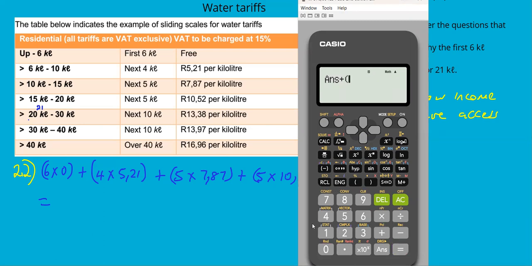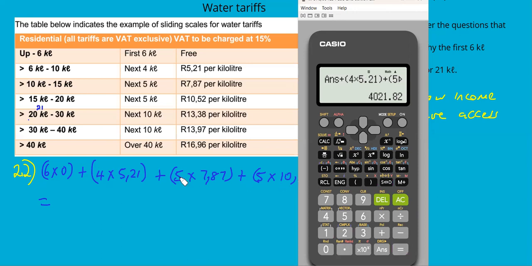Plus 4 times 5,81 plus 5 times 7,87 plus 5 times 10,52 plus 1 times 13,38, which just gives us 13,38.